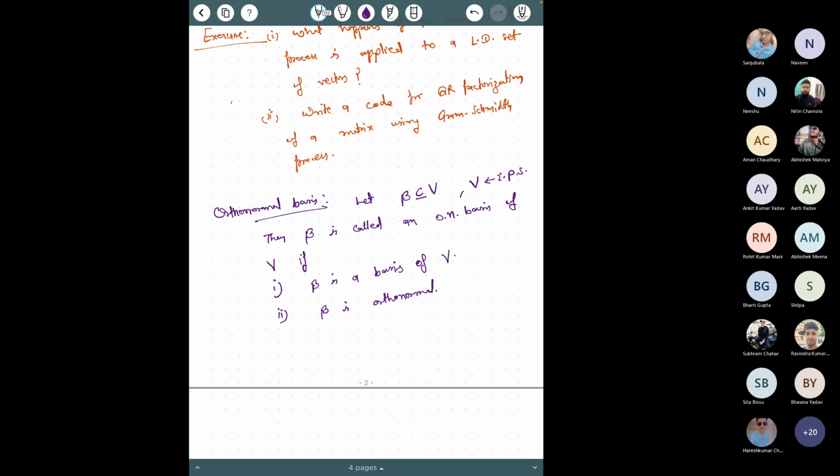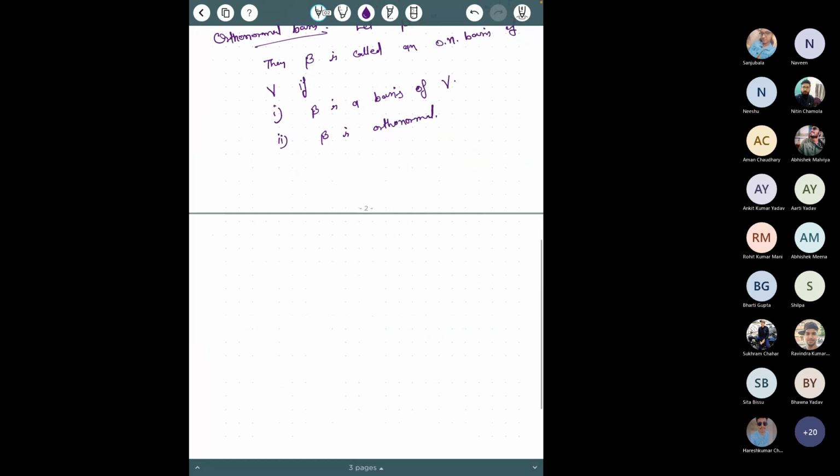The answer is that if the inner product space is finite dimensional, then it is easy to find and it will always have an orthonormal basis. But if it is an infinite dimensional inner product space, then in general you cannot say that it will always have an orthonormal basis, and you need some extra condition.